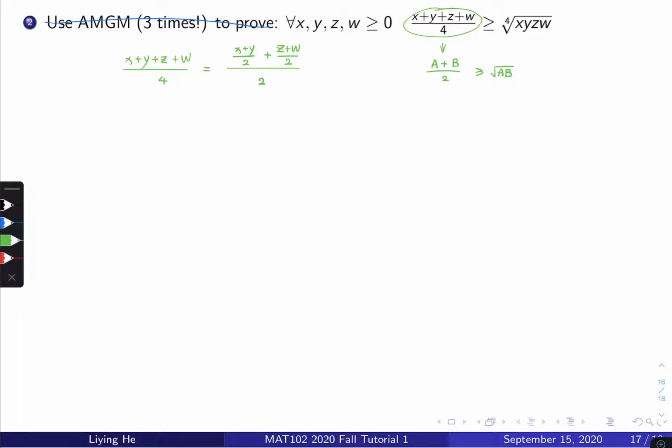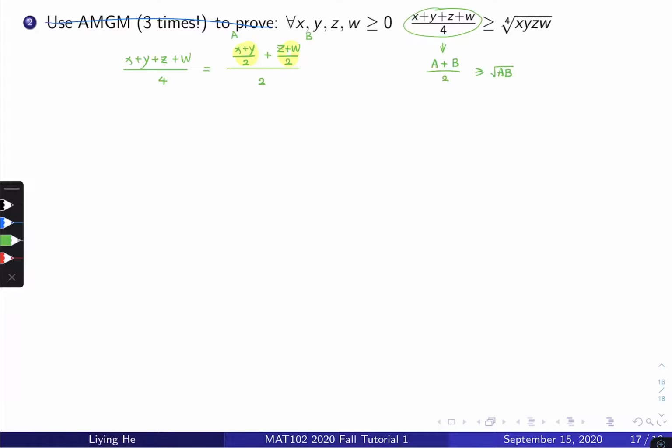So that's my first step. I noticed that I can write this term in terms of 2 terms adding together over 2. Now, I'm going to guess this part is my A, and this part is my B. Okay, so now I'm thinking, I can use AGM here, and let's see what we can get.